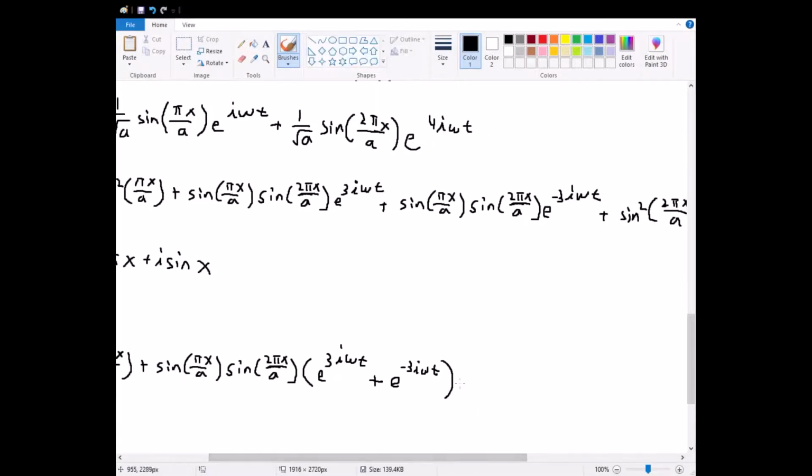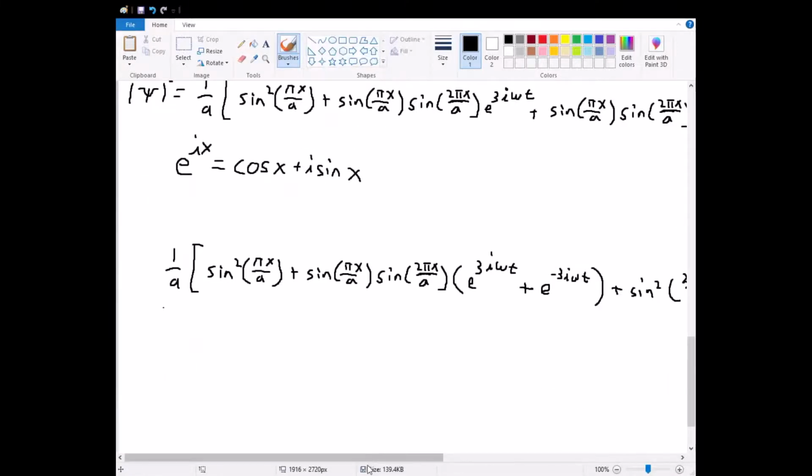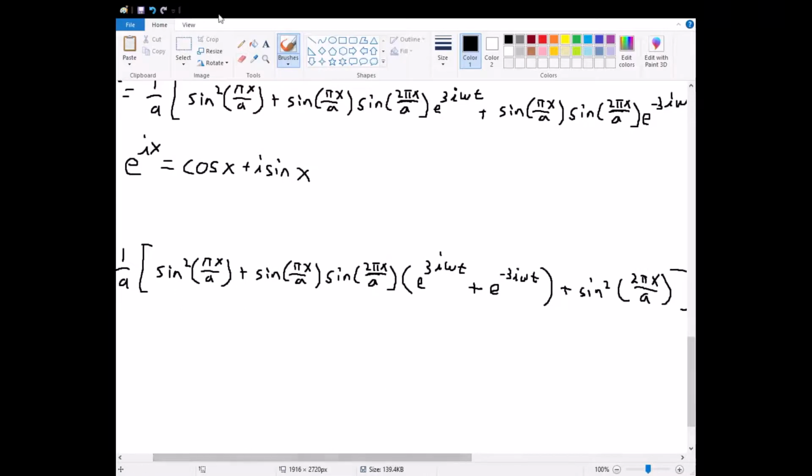And then we're going to close it off again as before, plus sine squared of 2 pi x over a. And from here, we can use Euler's law and simplify this out.